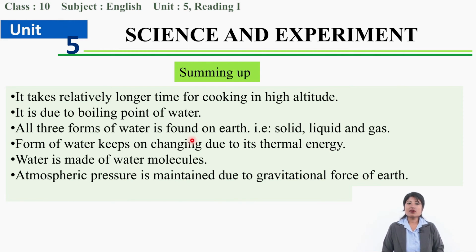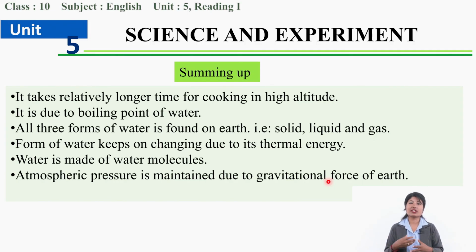All three forms of water are found on our earth: solid, liquid, and gas. The form can keep changing due to its thermal energy. We don't need to heat it. Water is made of water molecules, and atmospheric pressure is maintained due to the gravitational force of the earth.